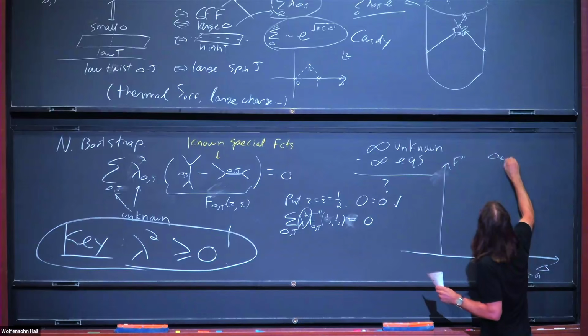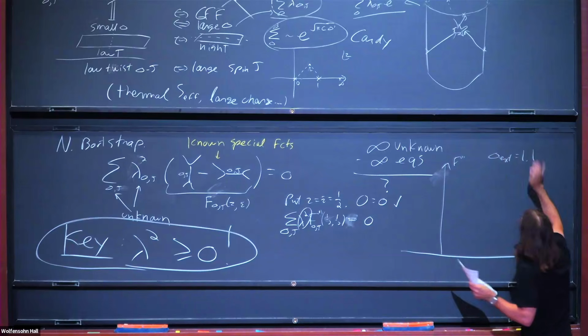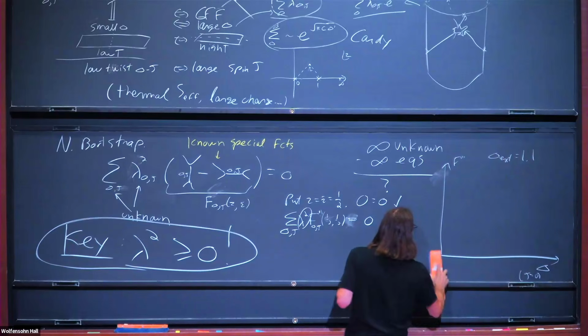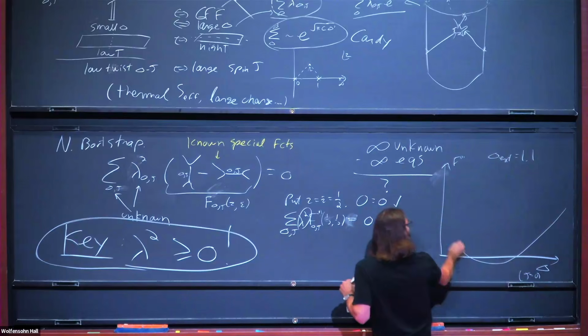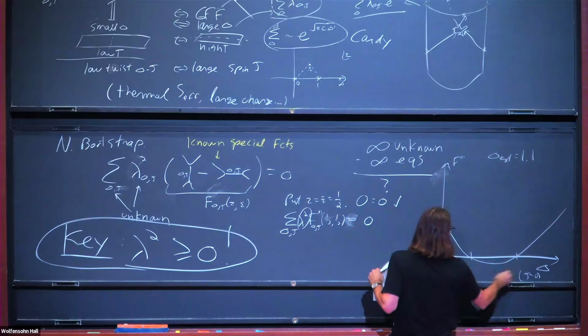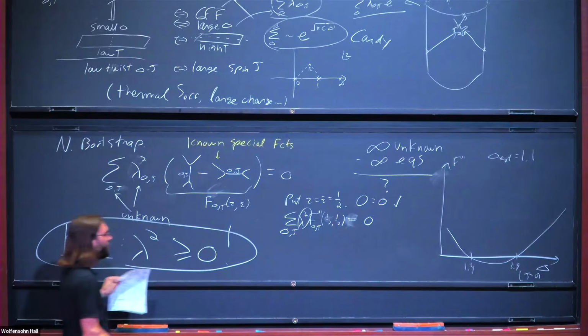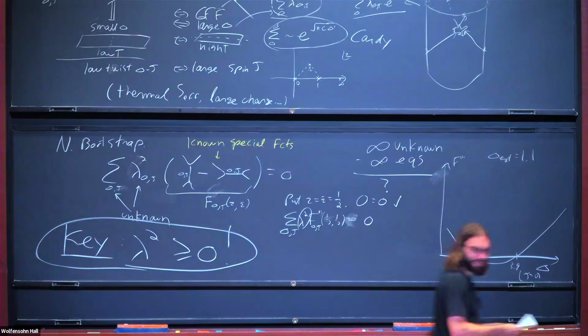For example, I'm plotting it for external dimension 1.1, just some choice. The plot starts here and you get a curve that looks like this. It has some 0 crossing, let's say at 1.4, something like this, making up some numbers that I hopefully have right in these notes.